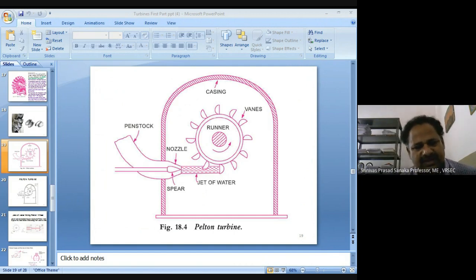Because if something goes wrong in such a situation, the casing will protect the human beings without causing any accidents. So this is about the casing of the Pelton wheel.